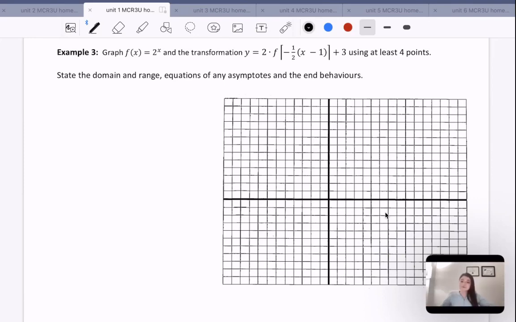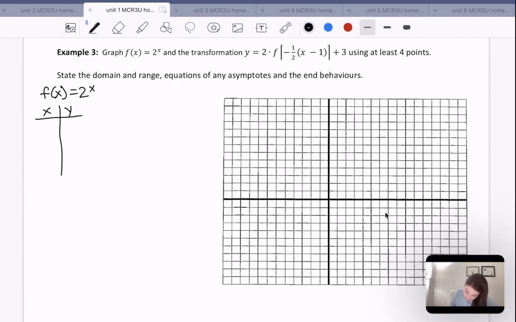So for this first one, f of x equals 2 to the power of x. This is one of our parent functions. This is our exponential parent function. So what I'm going to do is choose some points that I think make sense for this parent function. So the points I'm going to select are going to be, let's see, maybe a half.